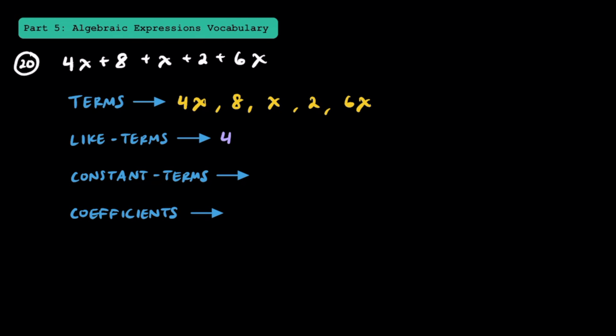Of these terms, 4x, x, and 6x are like each other, and this 8 and 2 are constants and they're like each other. That being said, 8 and 2 are our constant terms because the value of these terms don't ever change. Our coefficients can be found in front of each of our variables. Here we have a 4, we have an invisible 1 in front of this x, and we have this 6. So our coefficients are going to be 4, 1, and 6.